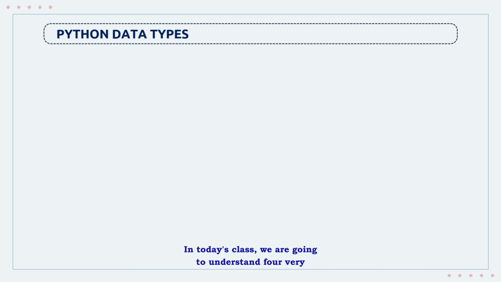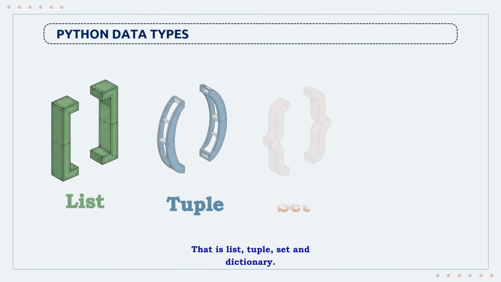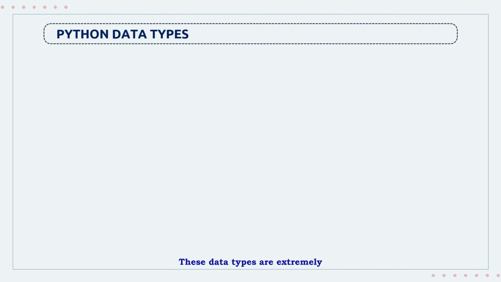In today's class, we are going to understand four very important Python data types, that is list, tuple, set and dictionary. These data types are extremely useful because in real world engineering problems, we often need to store multiple values together.